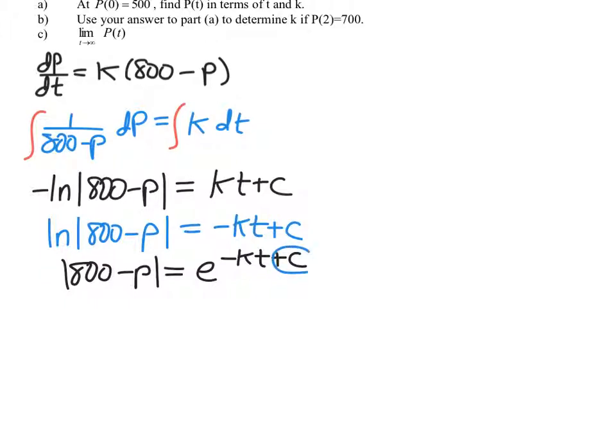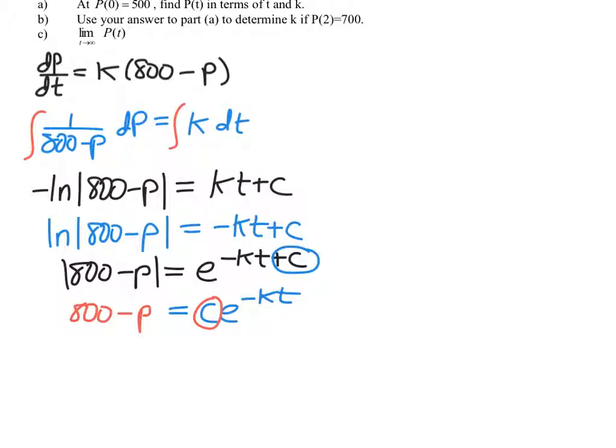I'm going to release the C from its captivity, and when that happens, the 800 minus P will be released from its captivity. Again, because the C will absorb the plus or minuses that come from the absolute value.